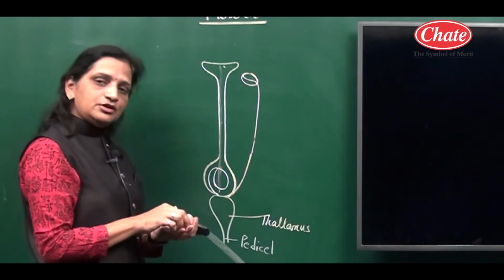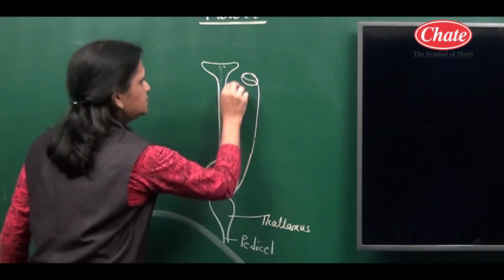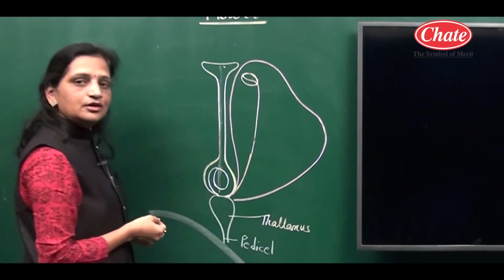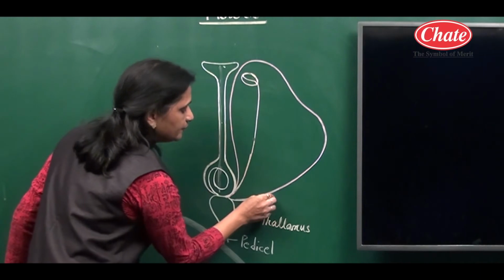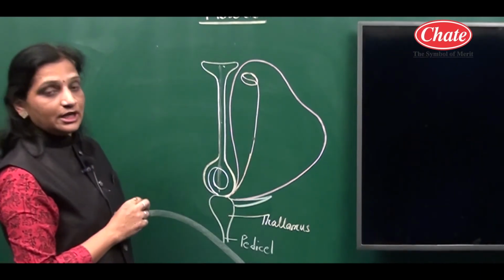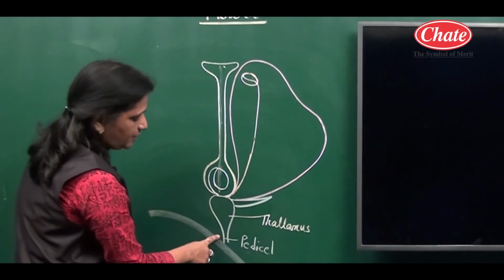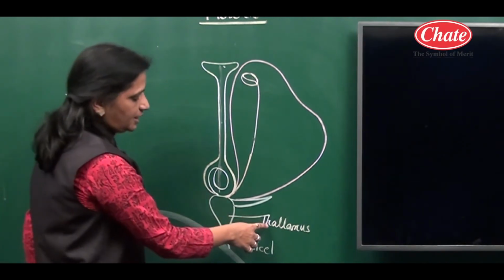After that, we will draw the most beautiful part of the flower, which is the petal. So this is the petal of the flower, and after that, this is the calyx. Then we will start to label this diagram. This is the pedicel, which, as we discussed, attaches the flower to the stem, and then the thalamus.